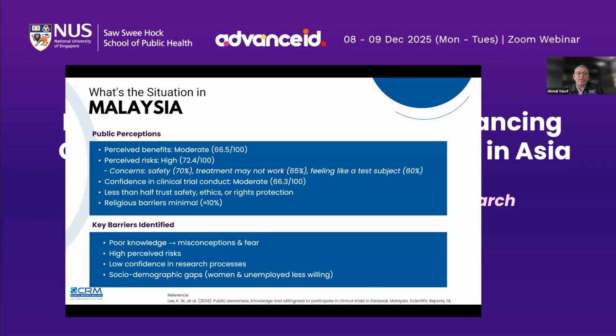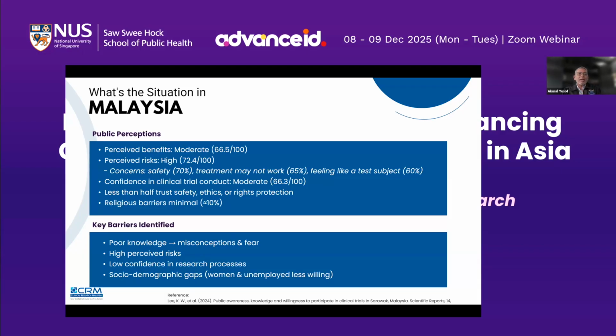So the confidence in the conduct of clinical trials is pretty much moderate. Less than half actually trust that there is good safety, good ethics, and of course, good rights protection for that matter. There is 10% that is related to the religious barrier.